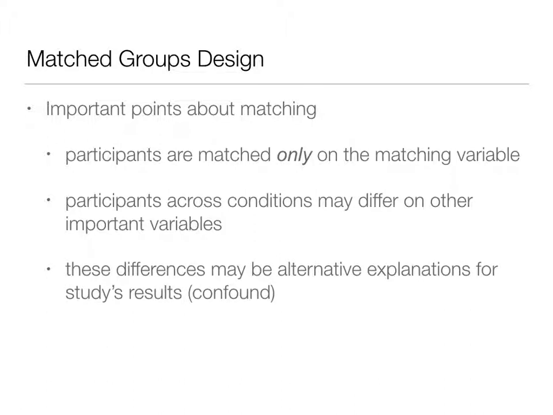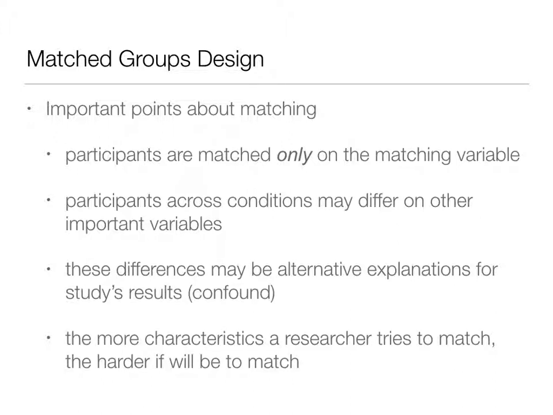And these could still contribute to alternative explanations. And so again, we have to pick those matching variables very carefully and make sure we're matching for the things that need to be matched. Now, you could always just add another subject characteristic, right? And match on that too. The problem is the more of these characteristics you try to match, the harder it's going to be to match.